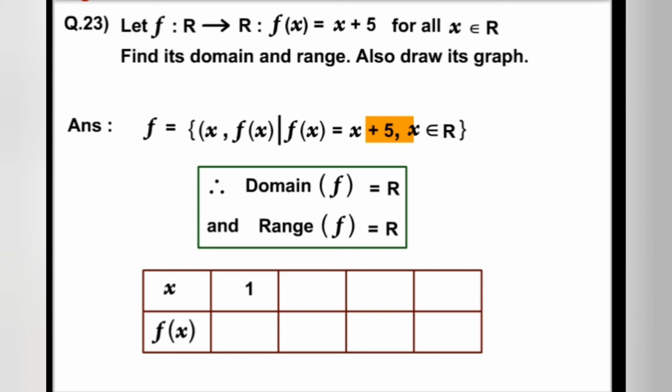If x is equal to 1, f of x is equal to 1 plus 5, that is 6. If x is equal to 2, f of x is 2 plus 5, that is 7. If x is equal to 3, f of x is 3 plus 5, that is 8. If x is equal to 0, f of x is 0 plus 5, that is 5.